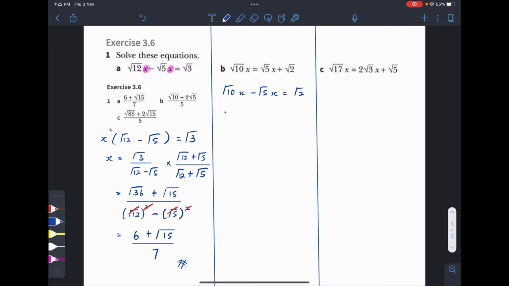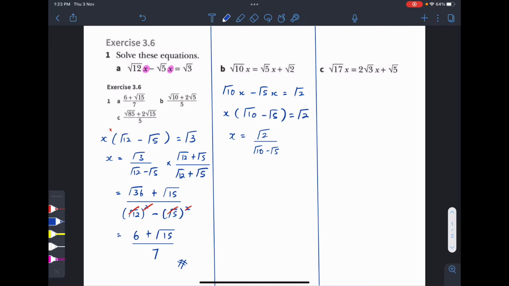Pretty much, just repeat whatever we did. Factorize out the x, and you're going to get something like this. What did we do then? Exactly, move it to the right side and you get a division. So root 10 minus root 5 goes to the bottom.